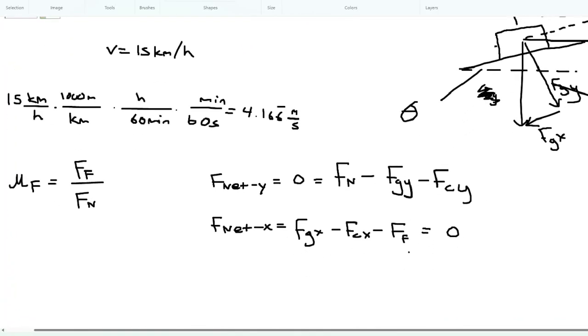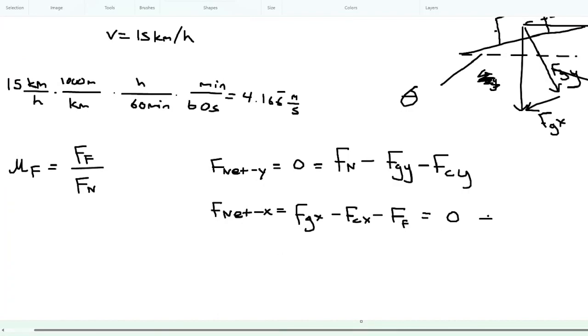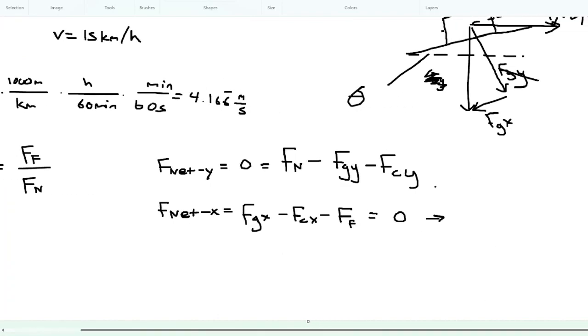So let's go ahead and solve for force of friction and force normal. Force normal is then going to be equal to force of gravity in the y direction plus force centripetal in the y direction as well.